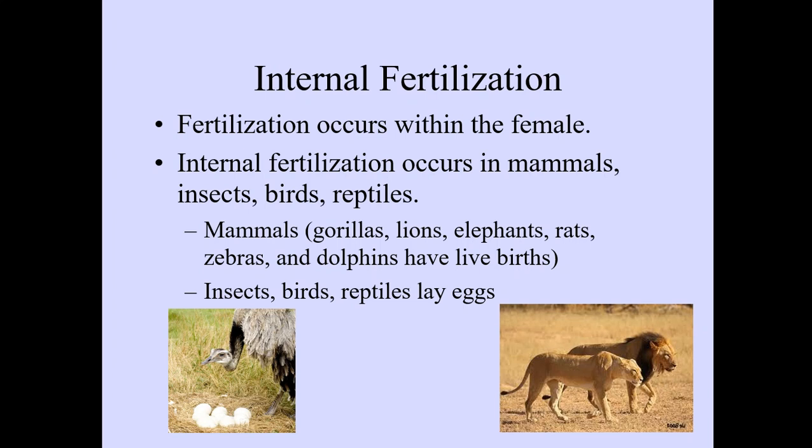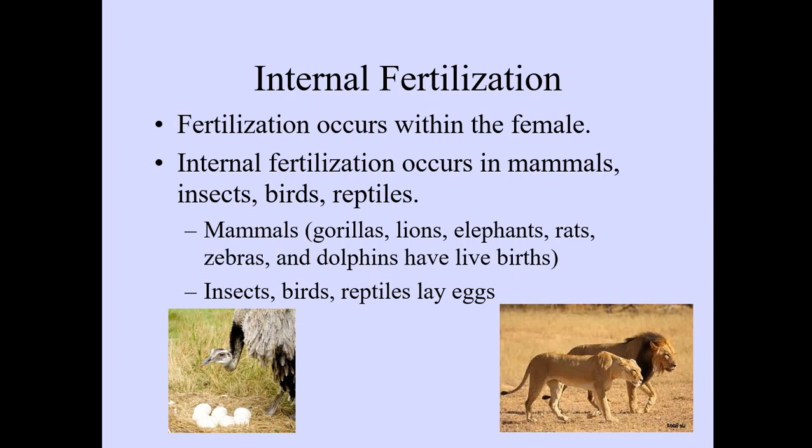So, for mammals like gorillas, lions, elephants, rats, zebras, and dolphins have live births. Ibig sabihin, pinapanganak yung offspring, buhay na bata na. Pero for insects and birds and reptiles, they lay eggs. Nangingitlog sila like ahas.